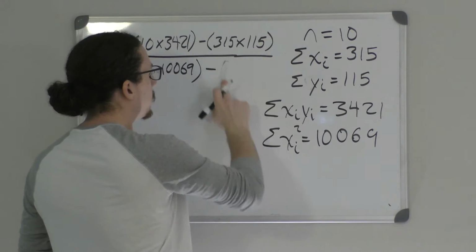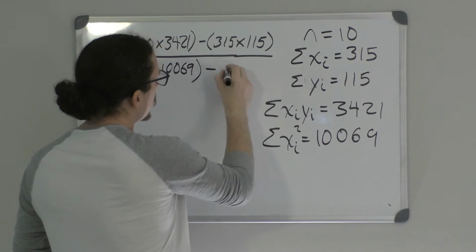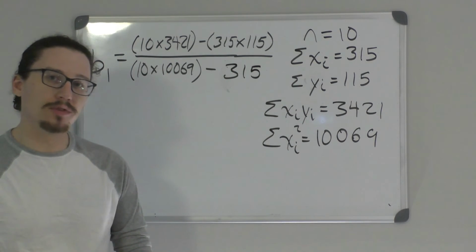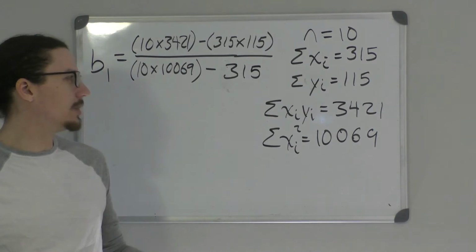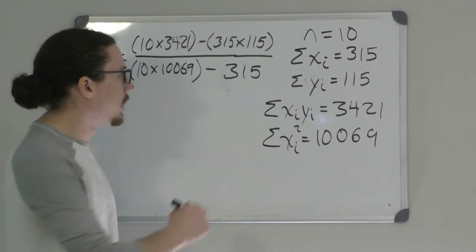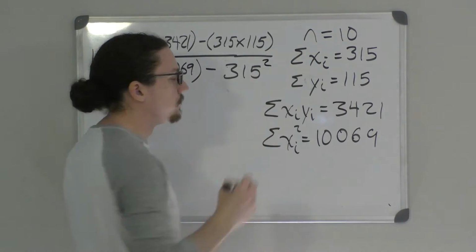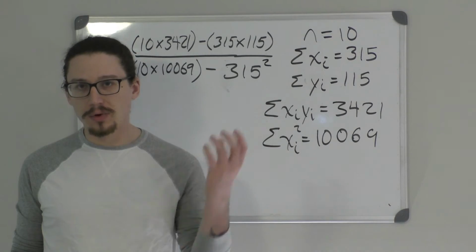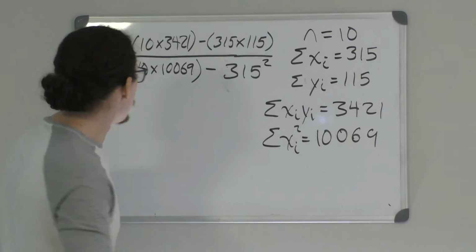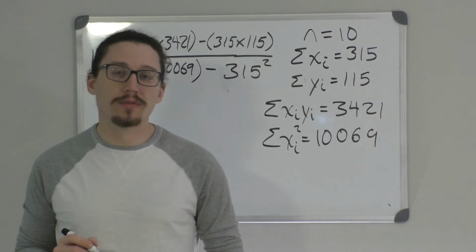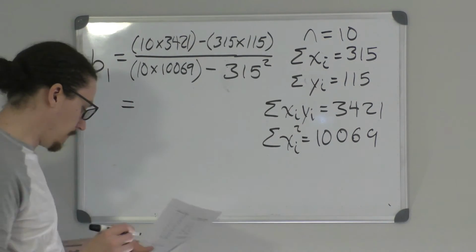I guess I don't really need a bracket for that, do I? So we're going to take that sum of xi, which is 315, and we're going to square it. All right, once we've got this all laid out, we're going to punch it into our calculator. And we should get a B1 of negative 1.375.